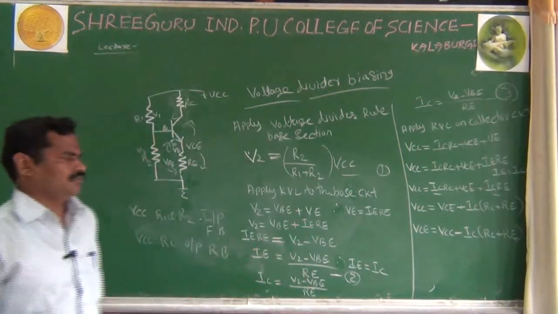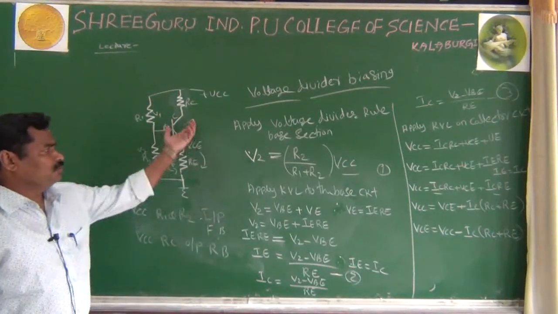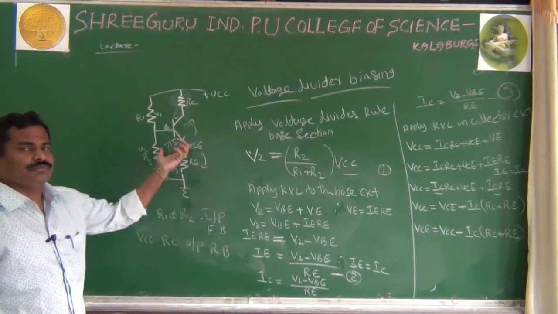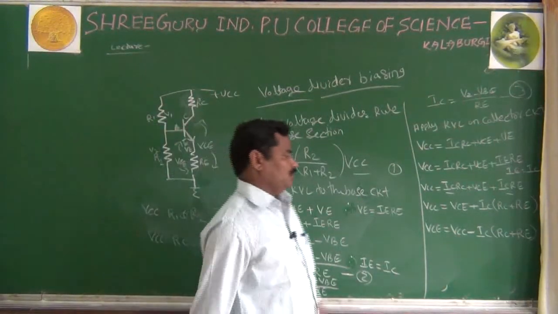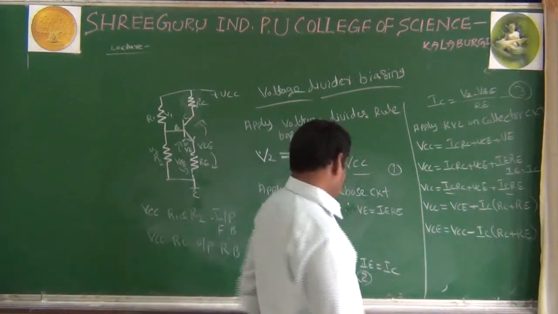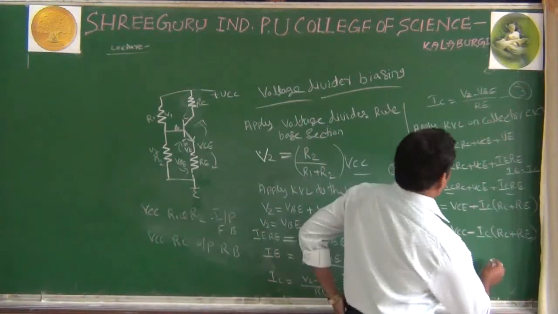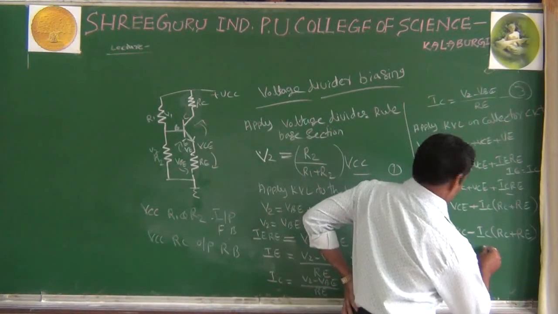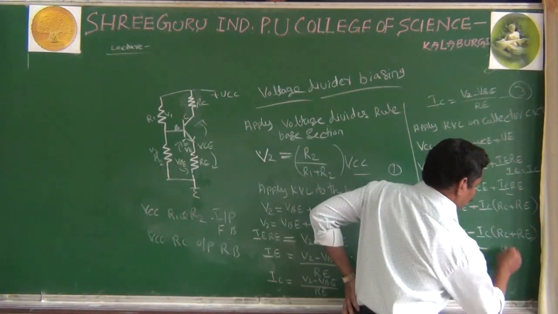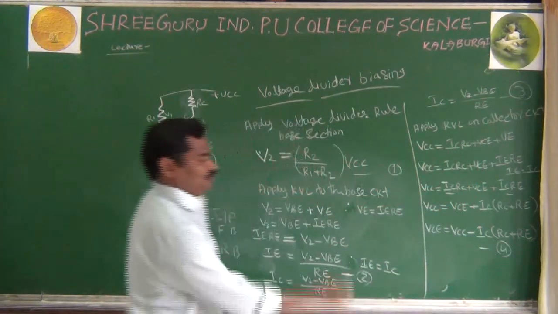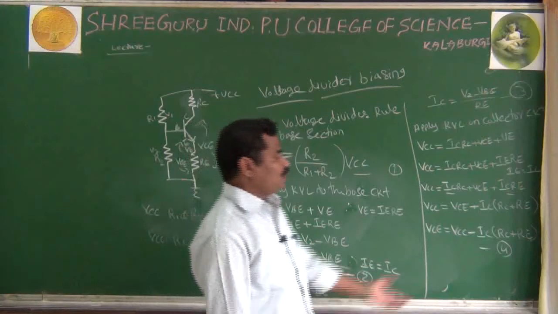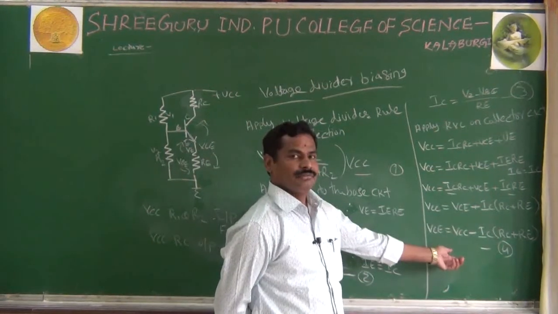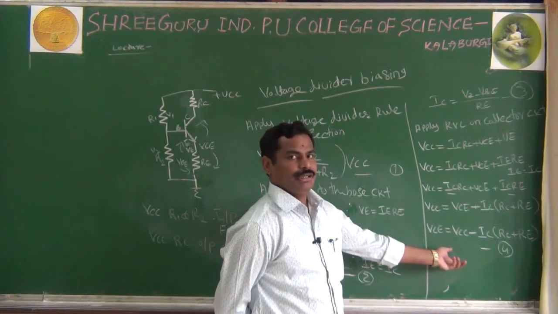And as I said, why are we giving more importance to the voltage divider biasing? Because in your voltage divider biasing, you see this equation, equation number 4. In this equation 4, it does not contain beta.